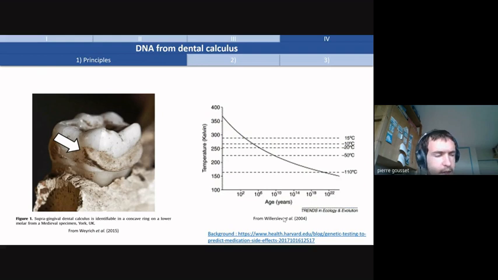To obtain a DNA sequence, the molecule should be preserved in the remains studied. This is not always the case, depending on humidity and temperature. Warm and humid climates destroy DNA in only a few centuries. On the opposite, cold and dry climates help preservation, as you can see on the graph on the right side.